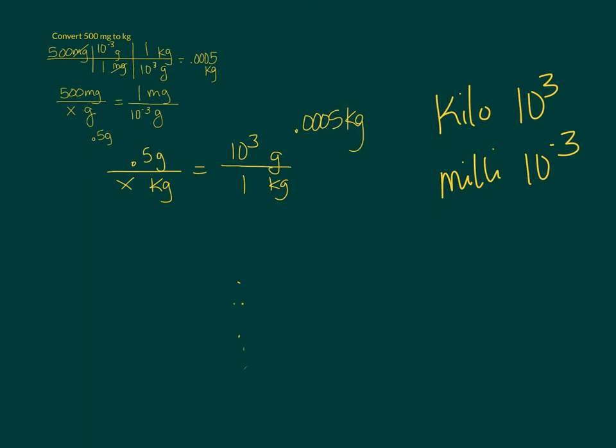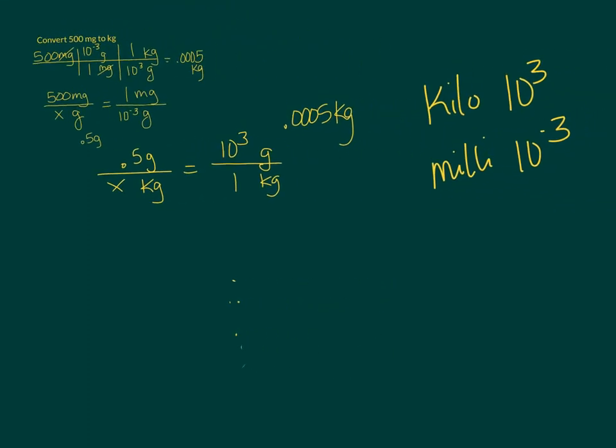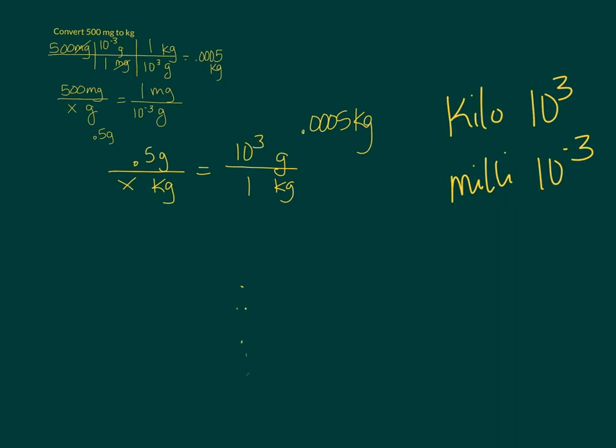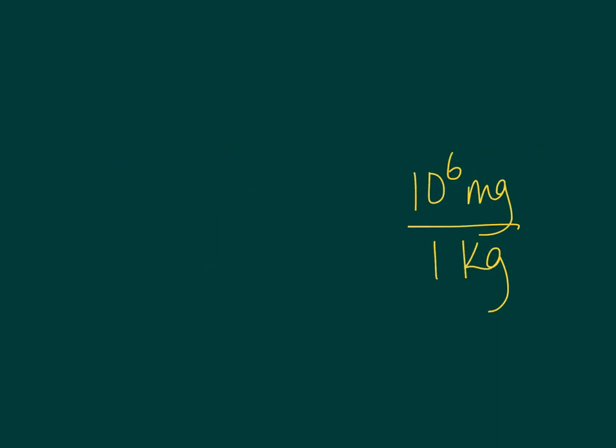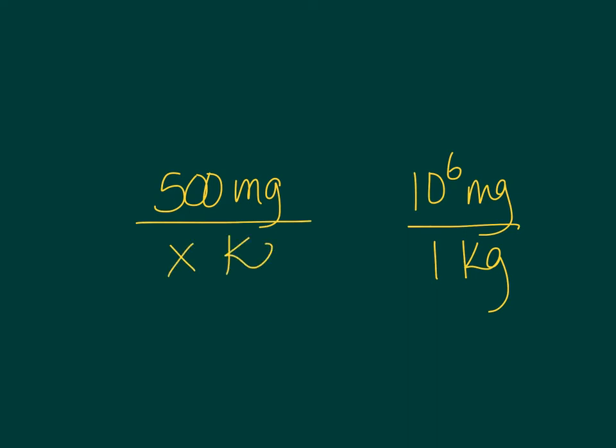See that? So we can take this, and using our given and looking for, we had 500 milligrams, and we were looking for how many kilograms, making sure milligrams are across from milligrams and kilograms are across from kilograms, and we could do that.